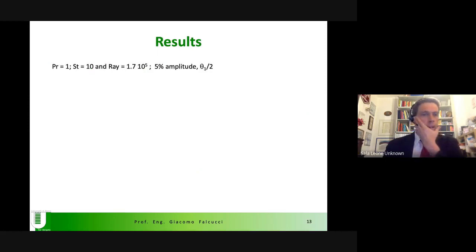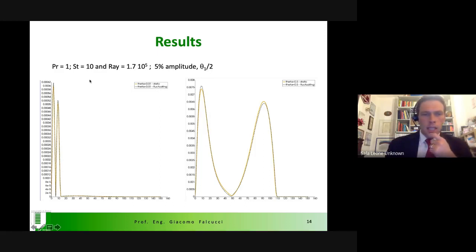We first consider Prandtl equal to 1, high Stefan number, and an average value of the Rayleigh number, 1.7 × 10^5, with 5% amplitude and θ1/2 as the period. You can see that in the very early stages, for θ equal to 0.01, we have no appreciable differences between what happens in the static and in the fluctuating case, but some differences arise in the velocity profile.